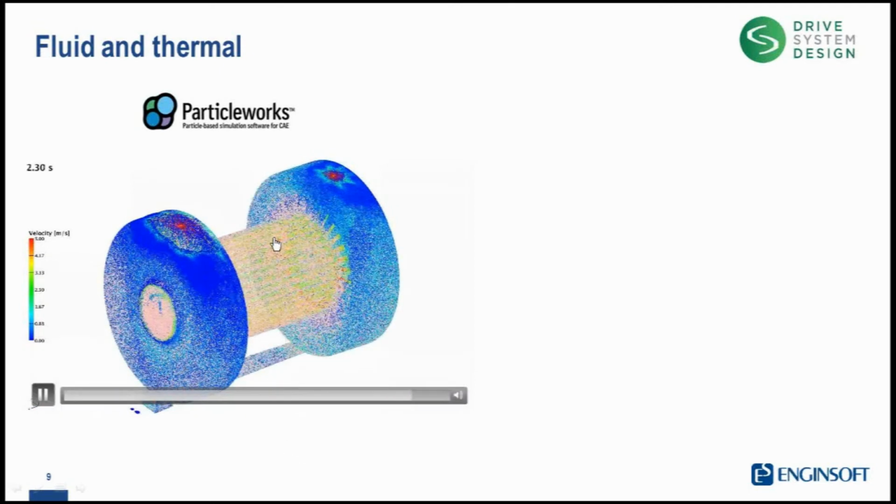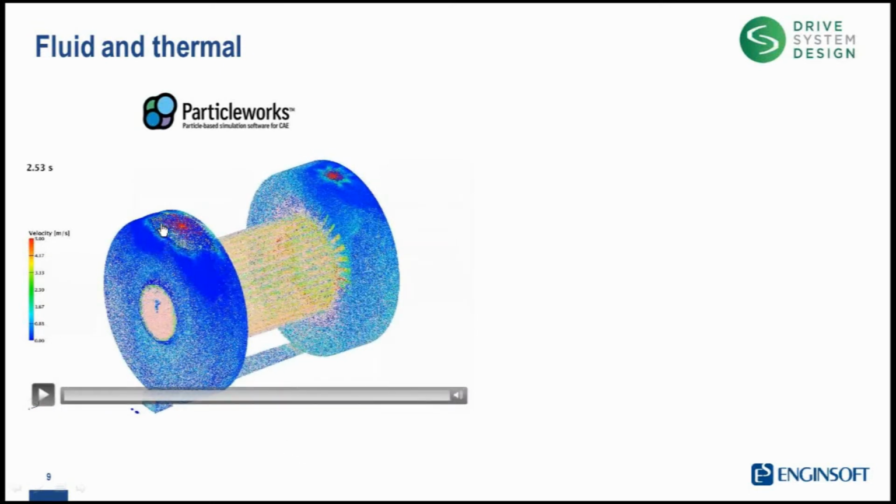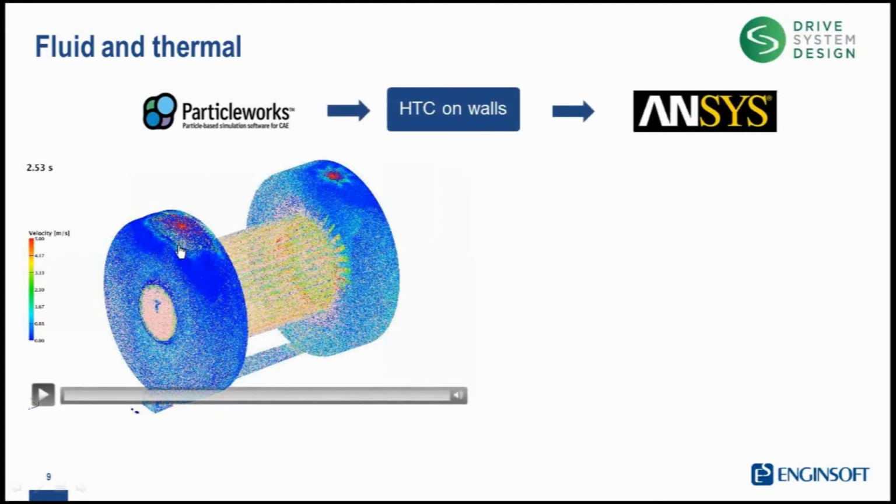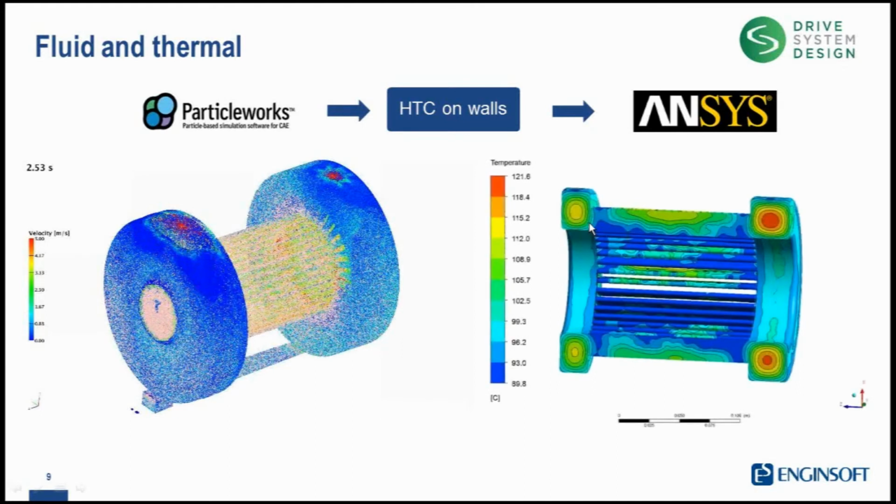And once the simulation was done, once we could understand what the distribution of the oil in the system was, we could extract the heat map, so the heat transmission coefficient on the walls. And once we had this data, we could simulate through ANSYS the temperature developed inside the e-motor itself.